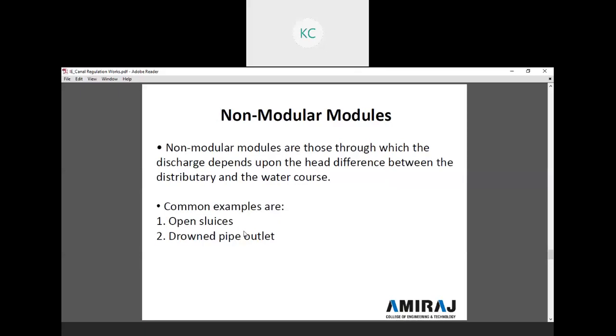So for providing proper water at a certain location, modular modules like the head regulator, canal regulator, as well as the off-taking canal or branch canal are constructed. The open sluice and the drowned pipe outlet are not very suitable for providing a lengthy irrigation system.